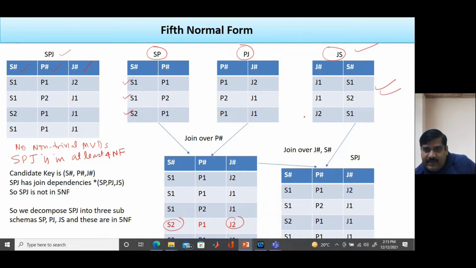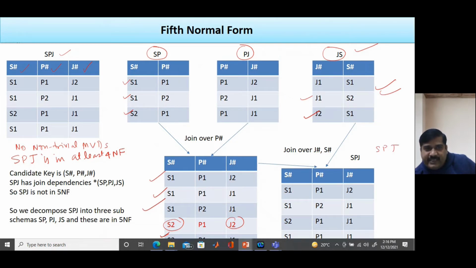J2 S1 exists, so this will be selected. J1 S2 exists, so this tuple is also selected. Again J1 S1 will be selected, but J2 S2 will not be selected. And in this way we will get the original SPJ.